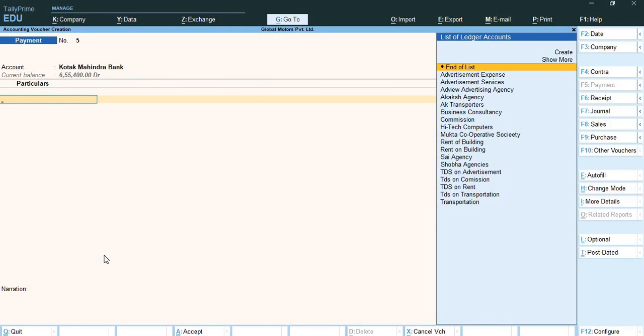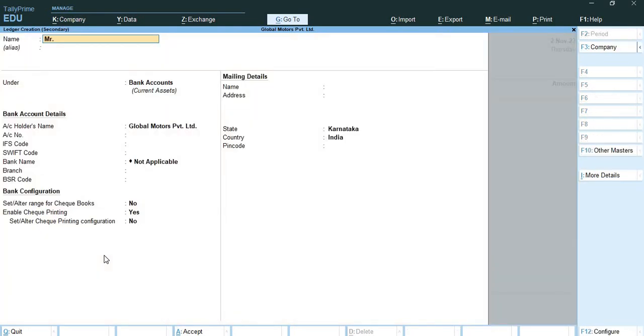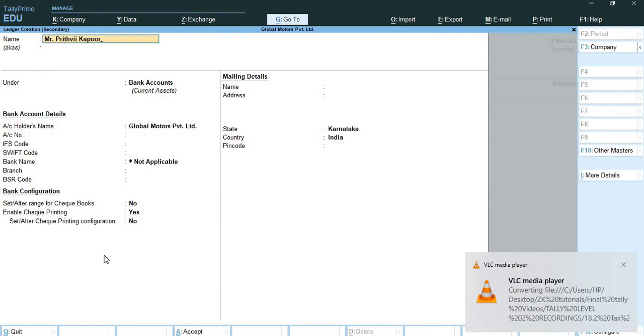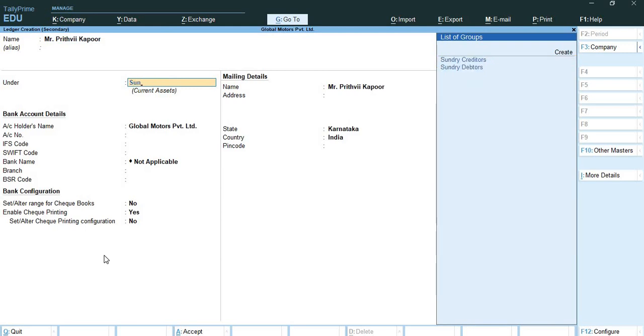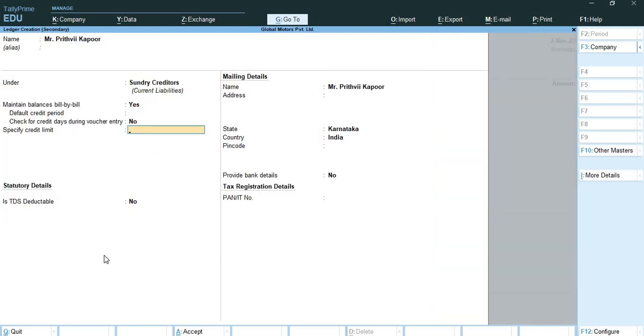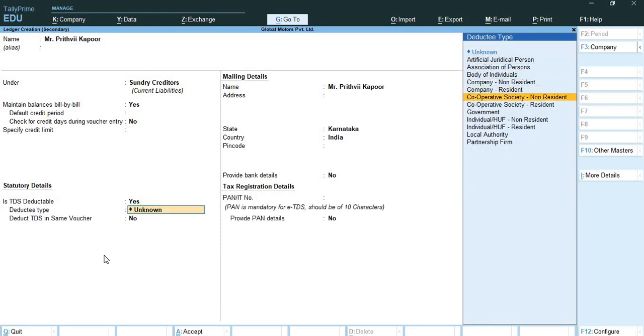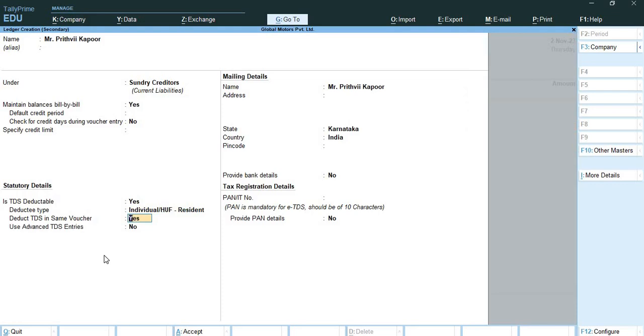Here I'll create Mr. Prithvi Kapoor under sundry creditor. I'll deduct the TDS. Yes, he is an individual resident. Deduct TDS in same voucher.